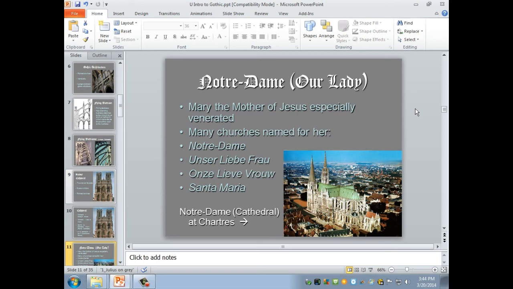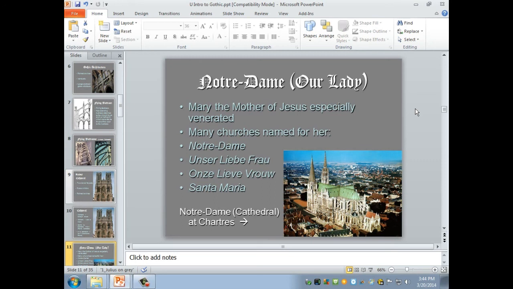And there are many churches in the Gothic period, and of course others earlier, but in the Gothic period there are just many, many churches that are named for Mary. In French, they are usually called Notre Dame, Our Lady. In German, Unsere liebe Frau, Our Beloved Lady. And it's the same meaning in Dutch or Flemish.